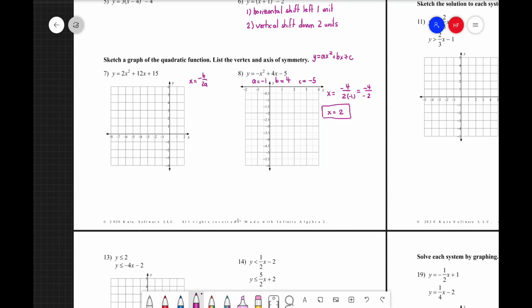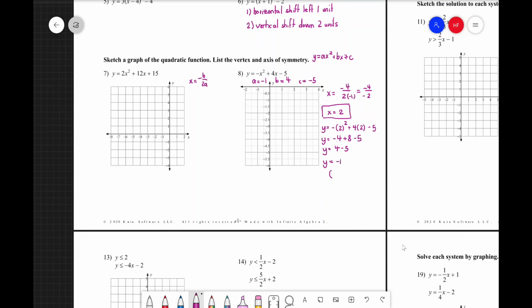For the vertex, we're going to plug that back in to get our y value. So we have -x squared plus 4 times x minus 5. So y equals -4 plus 8 minus 5. y equals 4 minus 5. y equals -1.